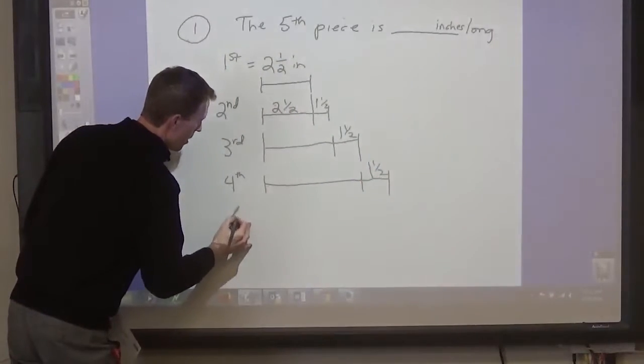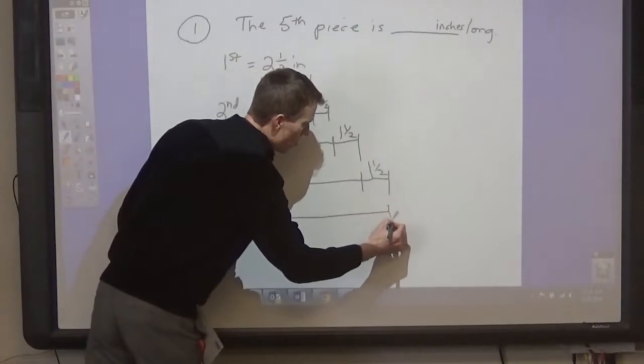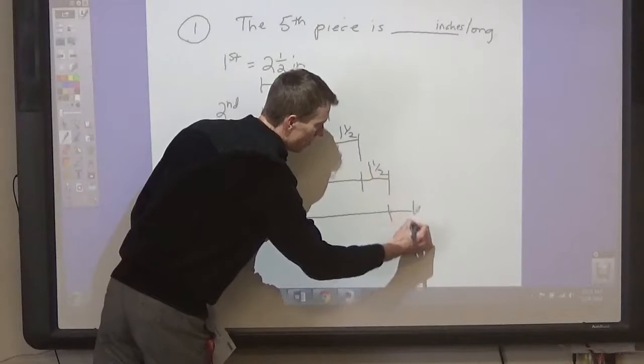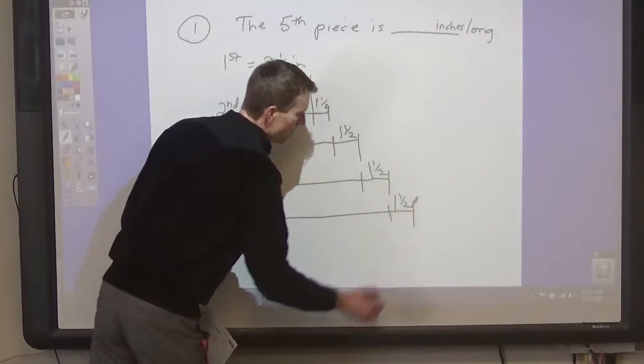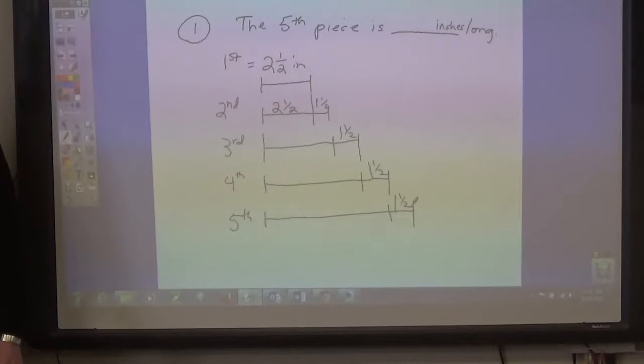And then the fifth piece is 1.5 inches longer. So, could you use multiplication to help? Could you use multiplication? Could you combine multiplication and addition to find the answer?